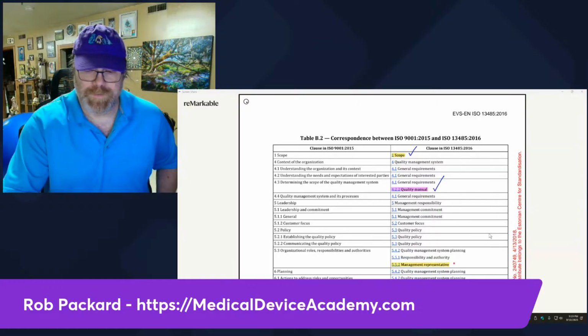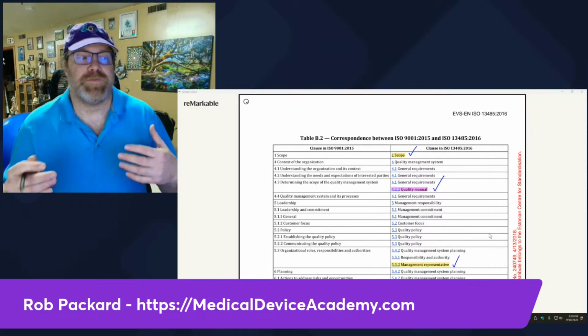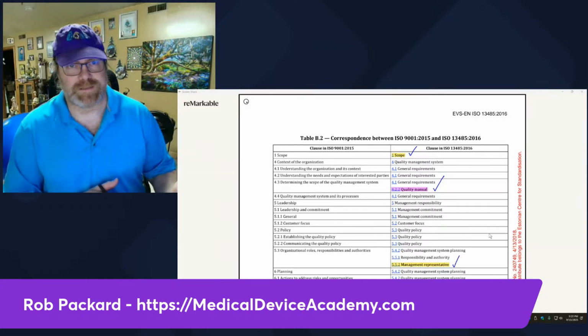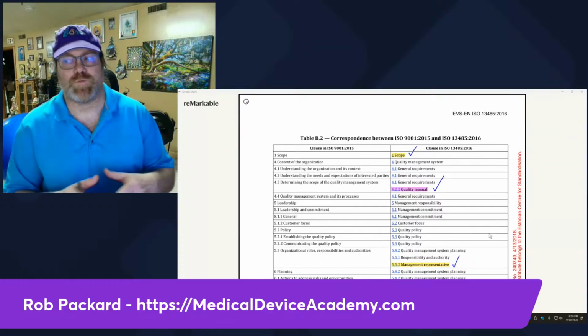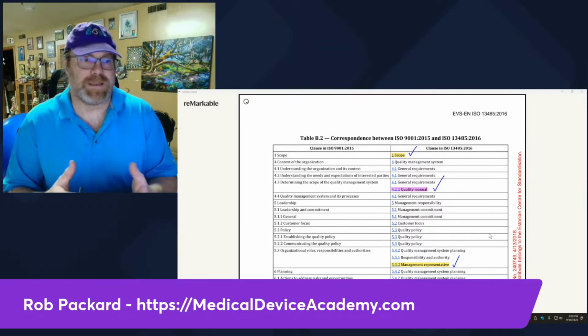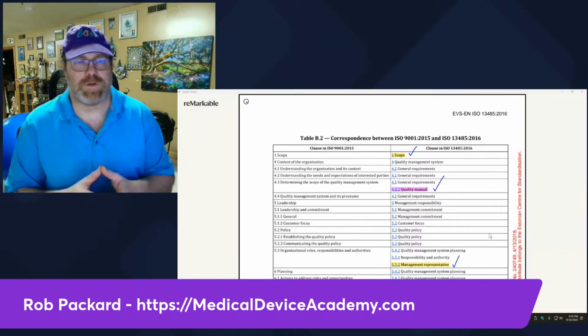Okay, a little bit further down the list here, management representative. There is no management representative on the left-hand side. There were some things that were there in the 2008 version of 9001. They're not there anymore. You need somebody to manage your quality system, but it doesn't have to be a management representative.